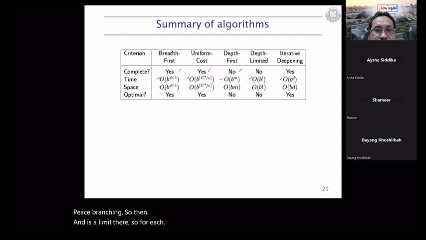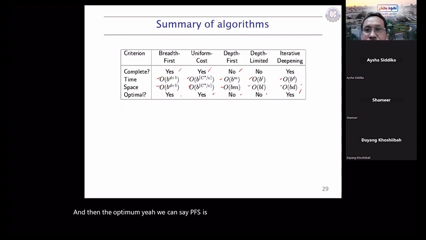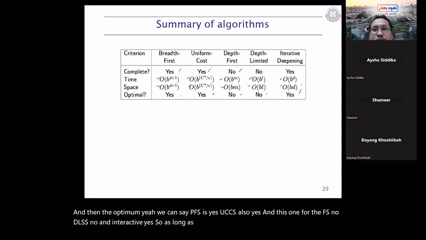Then for the space, this is the formula for each. And then optimal: we can say BFS is yes, UCS also yes, DFS no, DLS no, and iterative yes. So as long as it is complete, then we can say optimal, but actually it depends on the calculation, the road also.